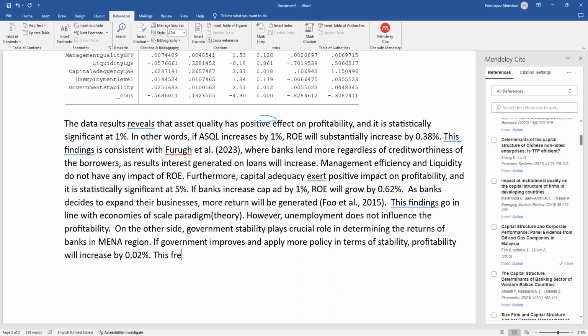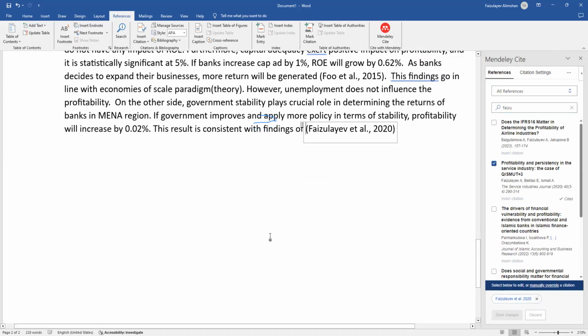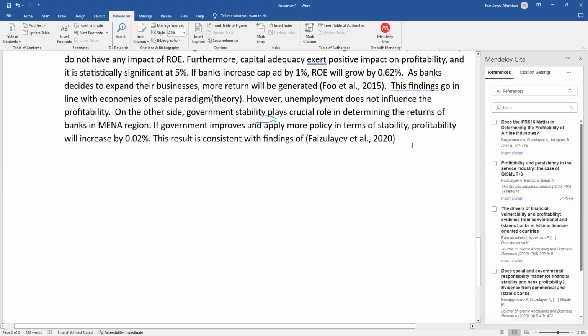This result is consistent with findings of, I will insert here, so this time I cannot mention it.